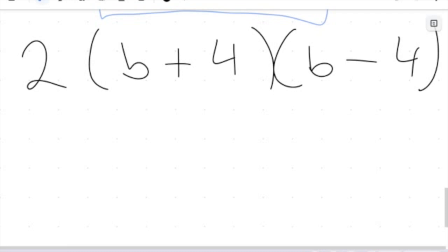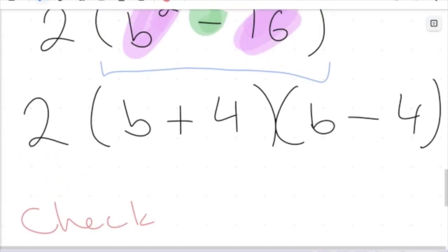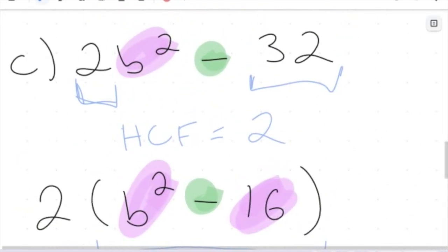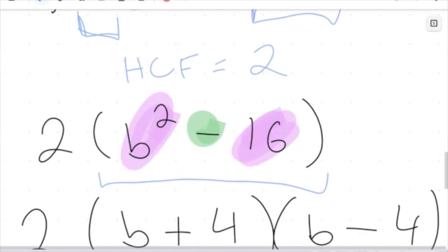Now, this is a little weird. It looks different to the other ones because this is a harder question, but we can check it in the exact same way. We can check that we've done it right. But the main thing we wanted to do here was isolate the perfect squares.